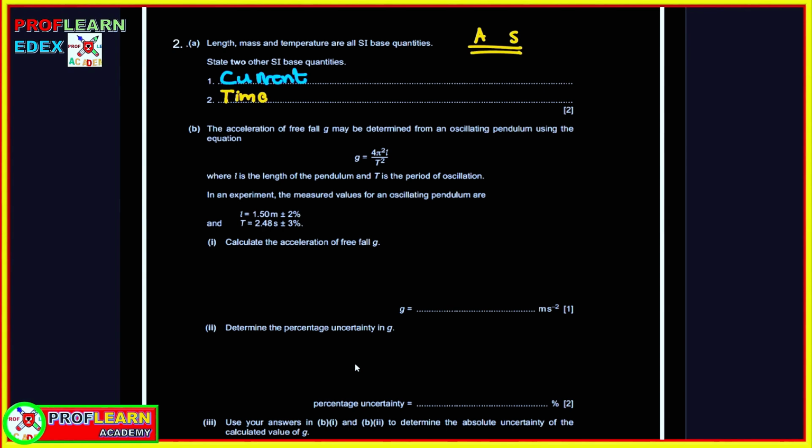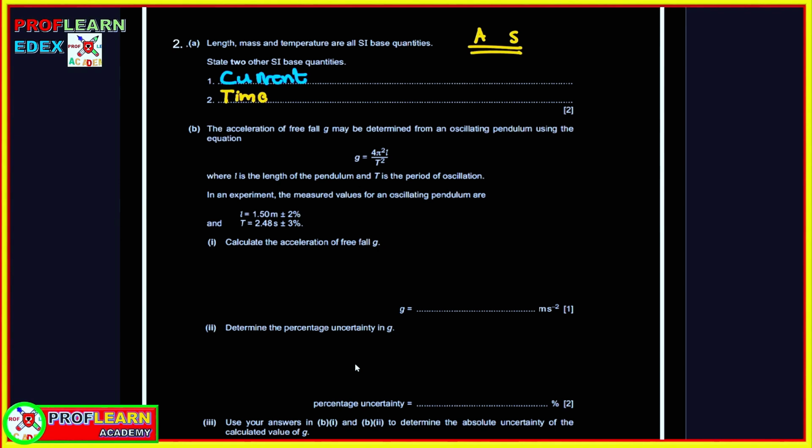We are going to also look at a question to do with uncertainties, and in this question we are told that the acceleration of free fall may be determined from the oscillating pendulum using the equation g equals 4π²L over T², where L is the length of the pendulum and T is the period of oscillation.